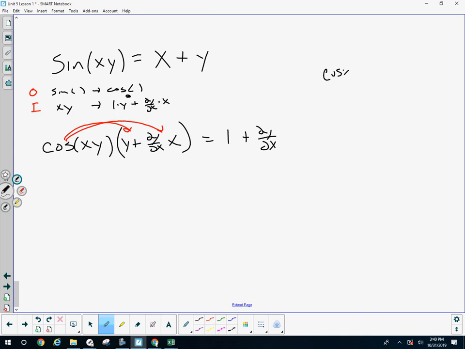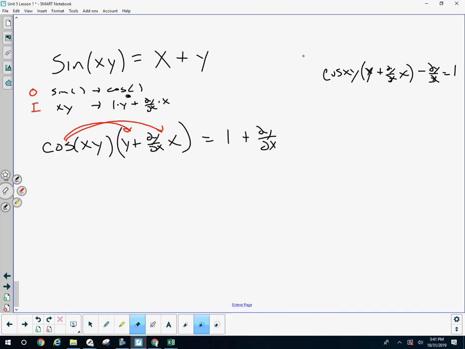Cos xy times y plus dy/dx x minus dy/dx would equal 1, right? And you're saying divide by cos xy? Yes. So if you divide by cos xy, yes, it'd be gone from here, but it needs to be under here and here. Okay?